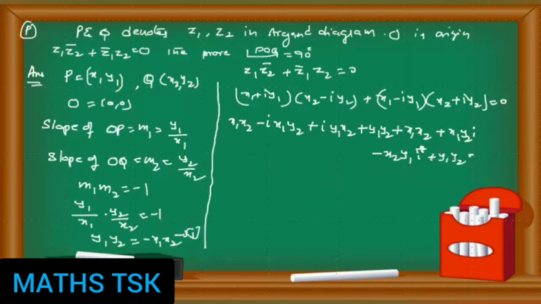I square is minus 1, that is plus, right, is equal to 0. The x1 y2 terms, negative and positive, get cancelled. So 2 x1 x2 is equal to minus 2 y1 y2. So x1 x2 is equal to minus y1 y2.